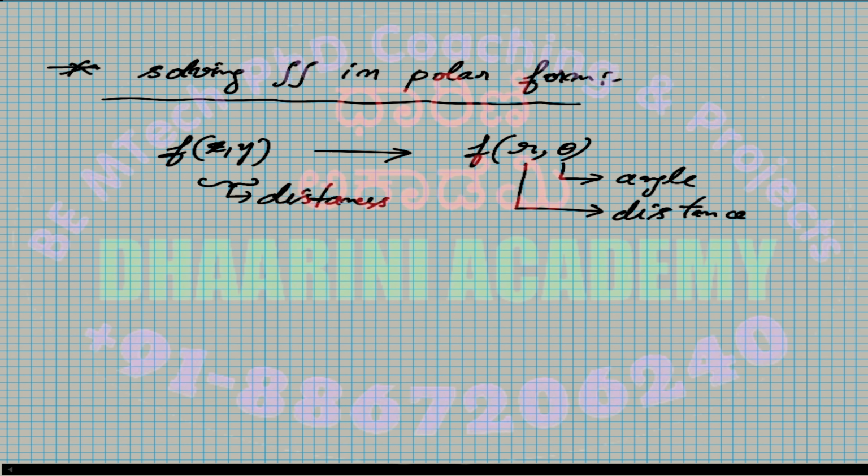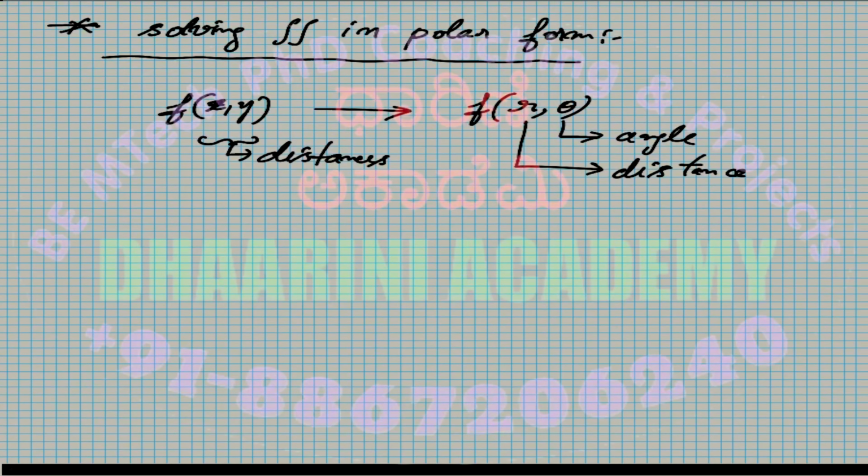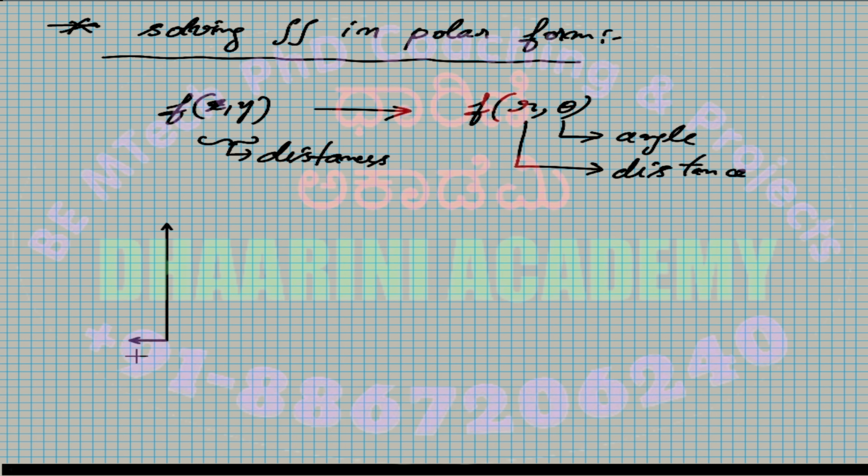Now let's quickly look at what we mean by this change of coordinate system and what r and theta are. Let us consider a coordinate system like this: I have the x-axis and the y-axis.